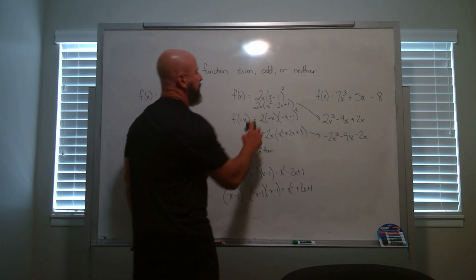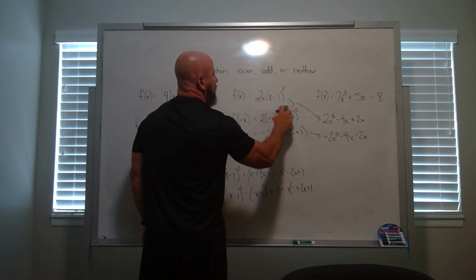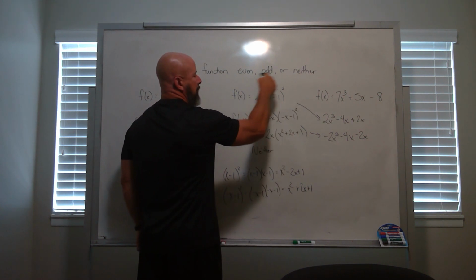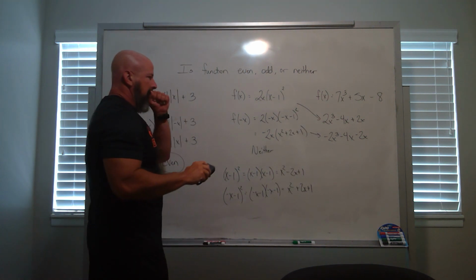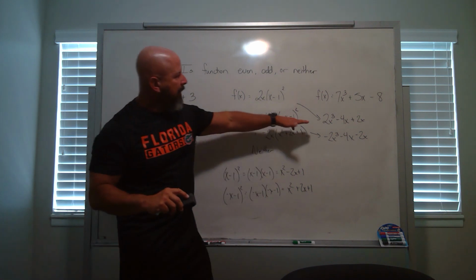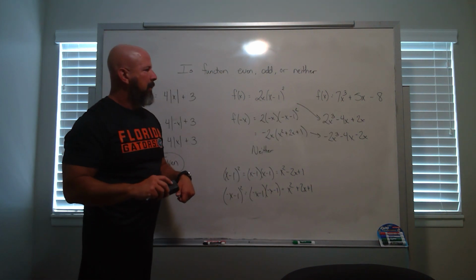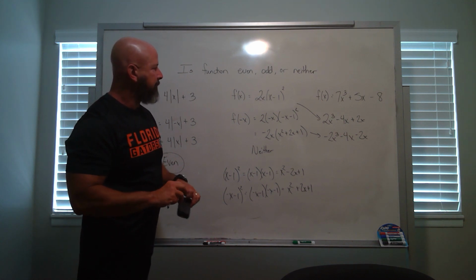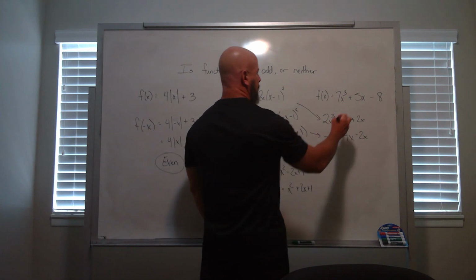Sometimes if I saw something like this originally, it could be very helpful to just go ahead and multiply it all the way out and then investigate from there. Because then it would look like this one right here. Except, you know what, I made a mistake there.